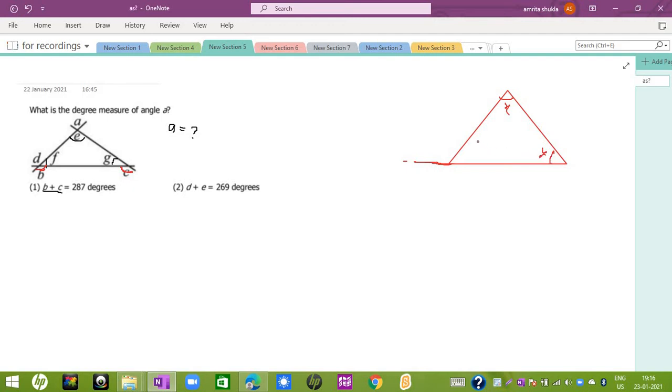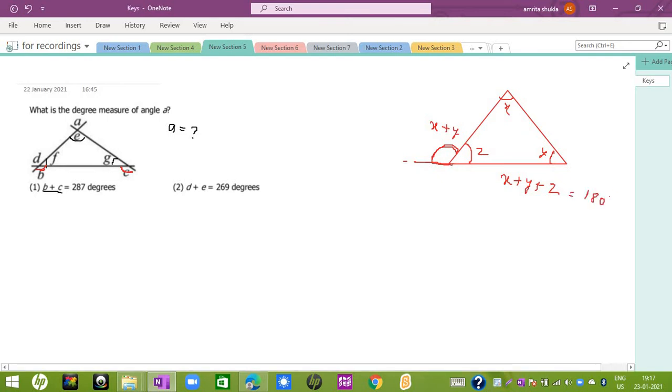So this extended angle here is always going to be the sum of the other two angles. This extended angle is going to be X plus Y. How? Let me call this Z. We know that X plus Y plus Z, the three angles in a triangle, is 180 degrees.